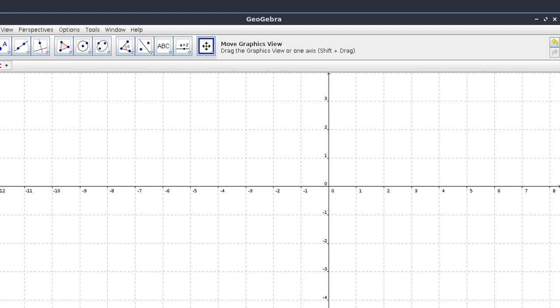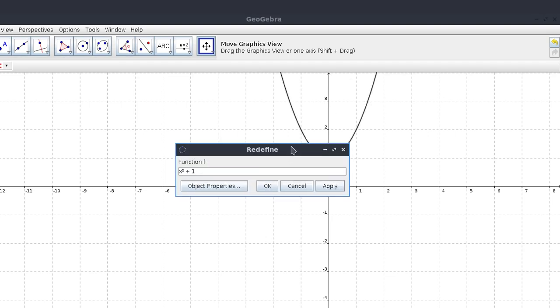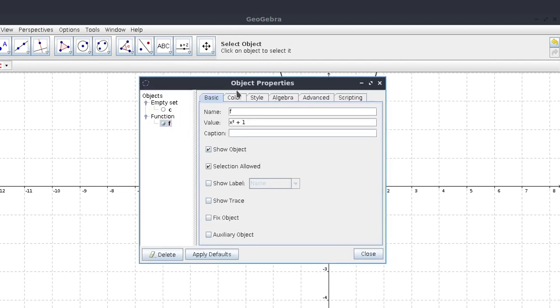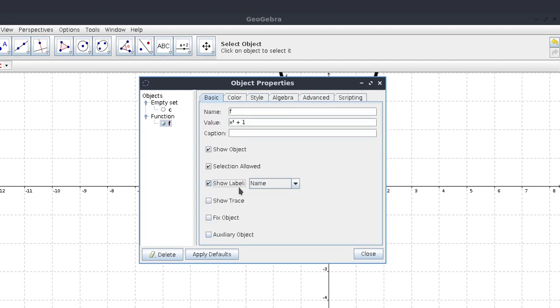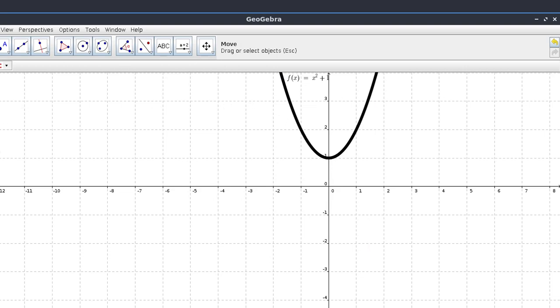Okay, x raised to the power of 2 plus 1. What does that look like? All right, so here, let me just fix this up, make it thicker so we can see it more clearly, right? So now, this is the graph of x squared plus 1.